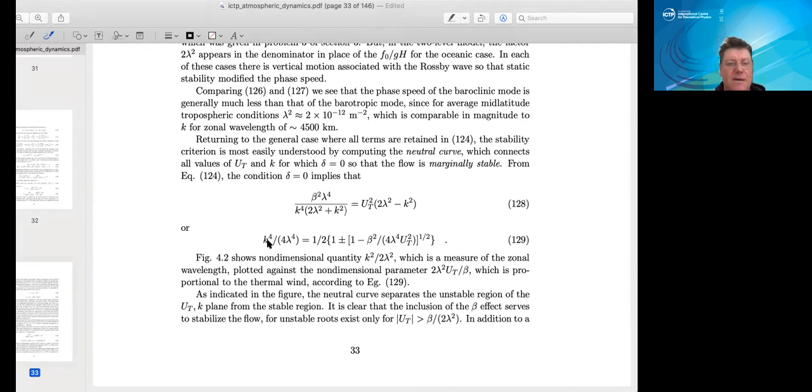For k, the wave number to the power of 4 divided by 4 lambda to the power of 4. It turns out that lambda has just the same dimension as the wave number, so 1/meter. And therefore, this is a dimensionless quantity.